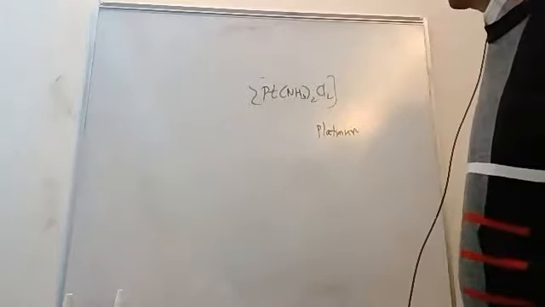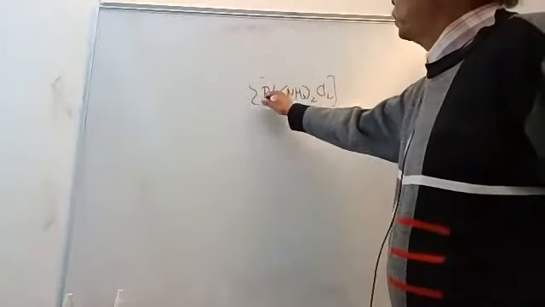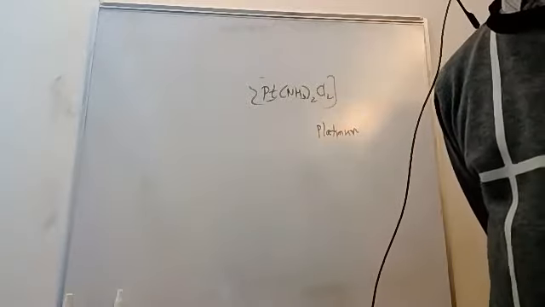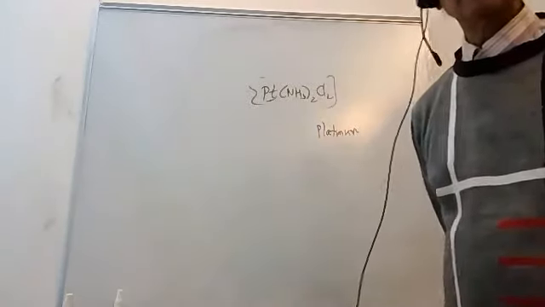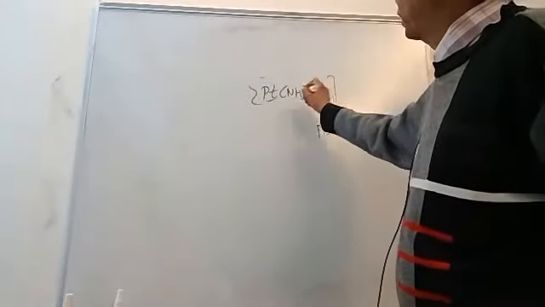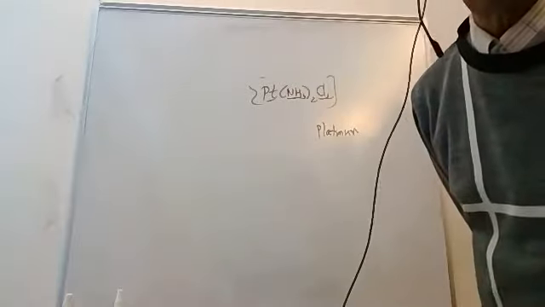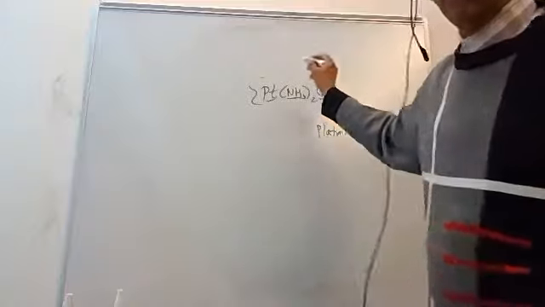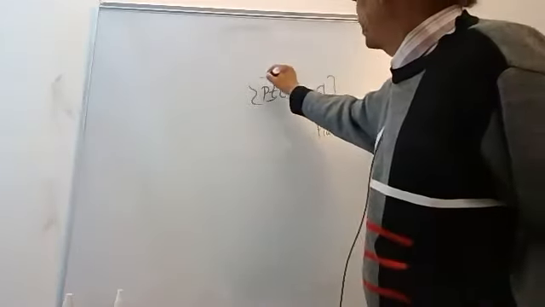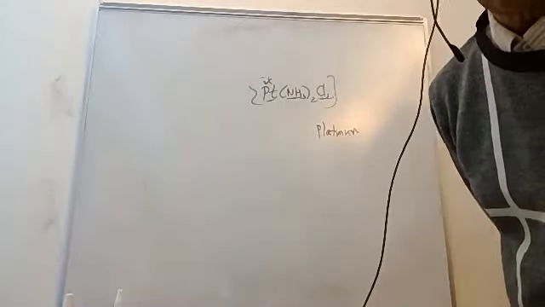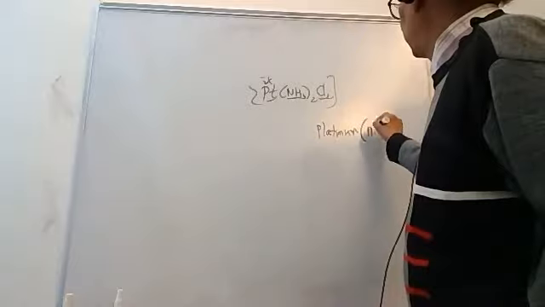Now, what is the charge on the platinum here? It's +2. Why is it +2? Because each of the chlorines is -1 and NH3 is a neutral ligand. There's no contribution to the charge, but the chloride has 2 negative charges. Since the overall complex is 0, neutral, platinum should be 2+. That oxidation state of platinum, +2, must be written right next to the name of the metal.